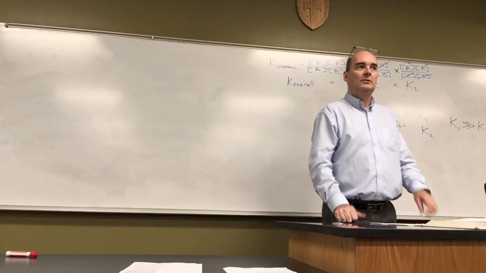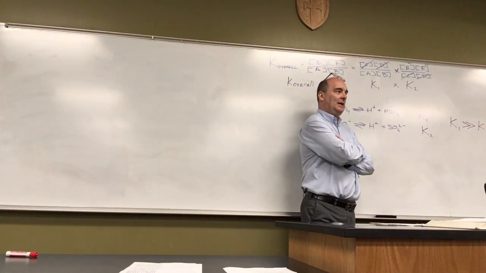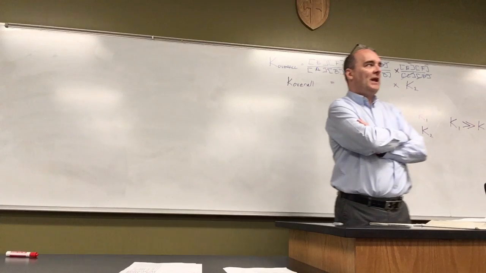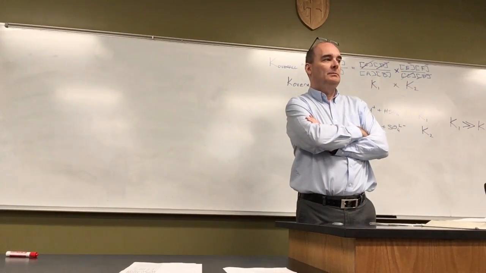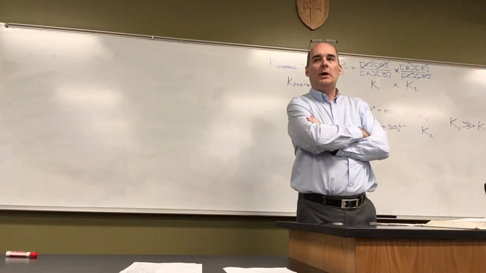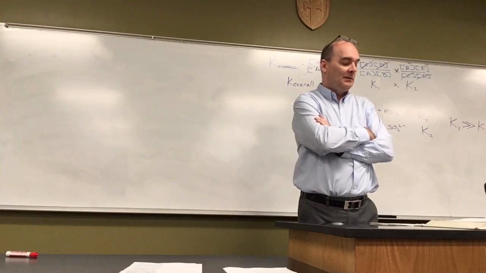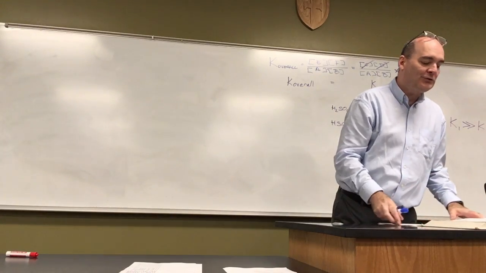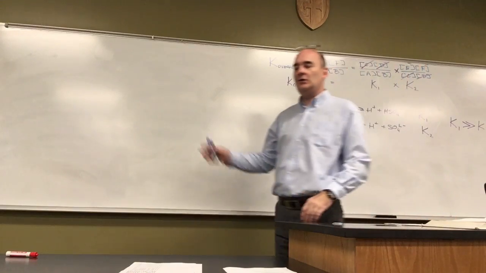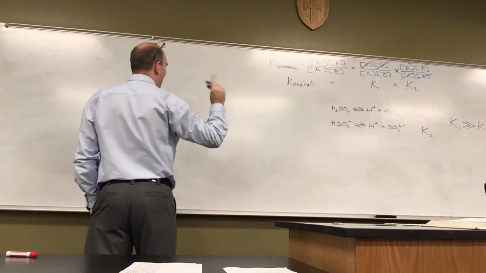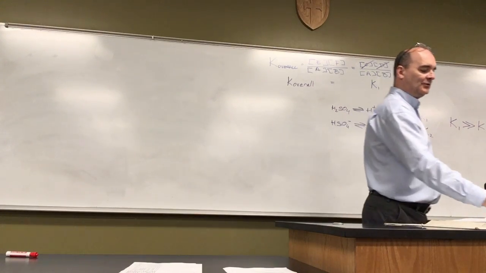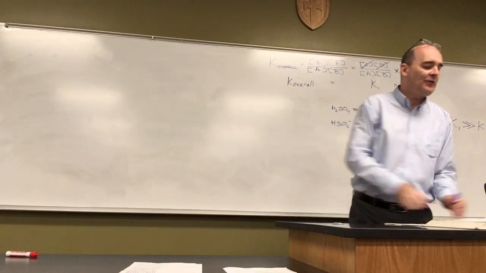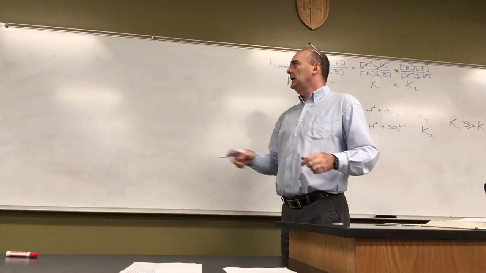So a log will turn a change in 10 times into adding 1 to the number. Okay. And that'll come up. So we're not going to use pK right now. We're not going to take the log of K, but we will in the next chapter when we look at acid concentrations.